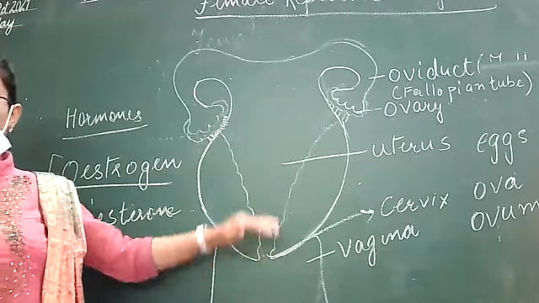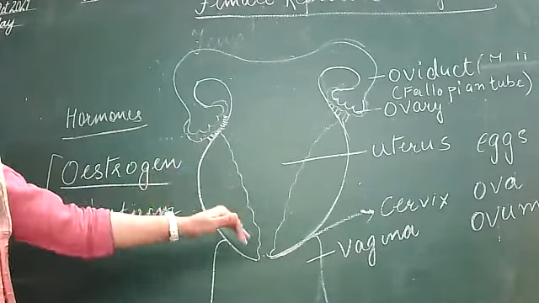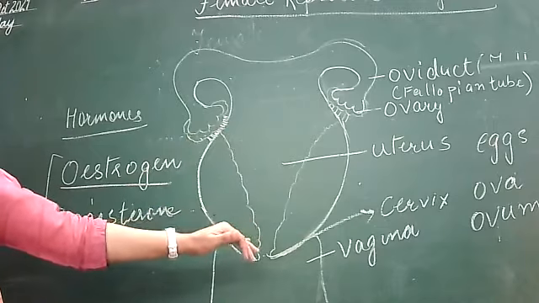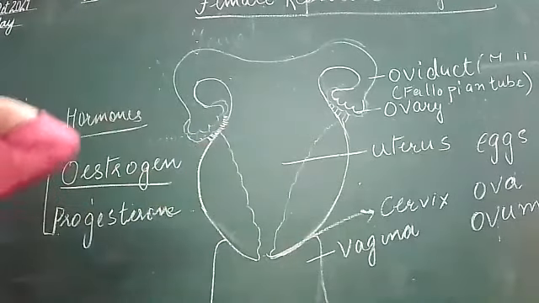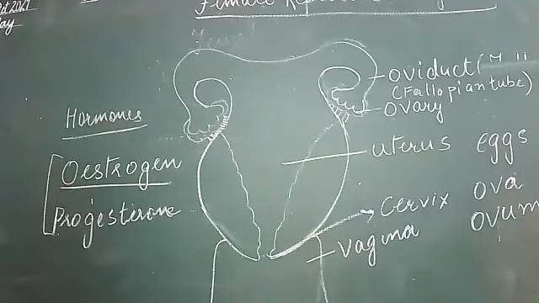Yes, okay. So it is a long narrow end of the uterus. The cervix is a long narrow end of the uterus that forms a canal between the uterus and vagina.